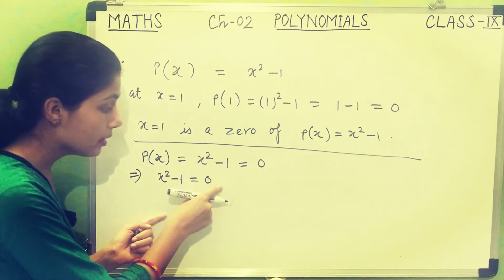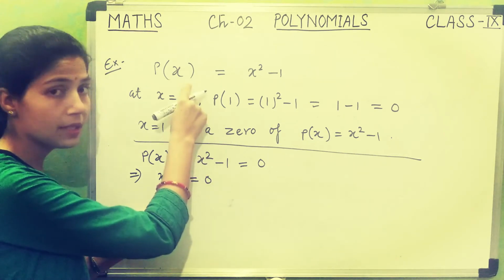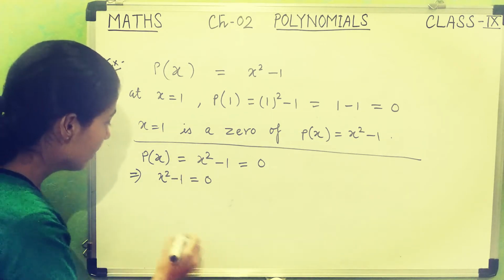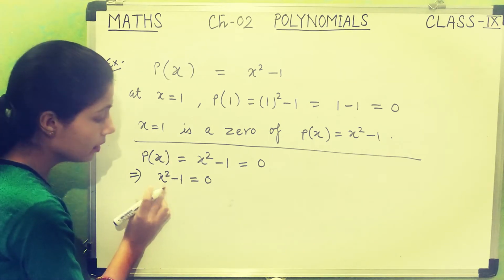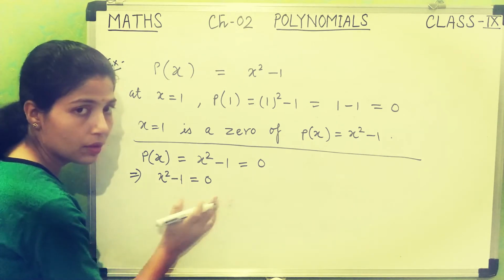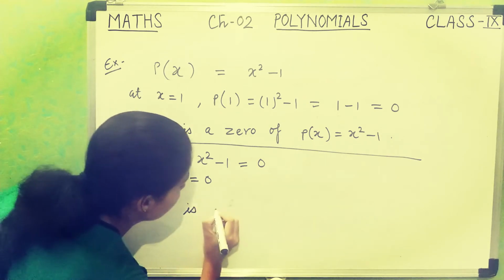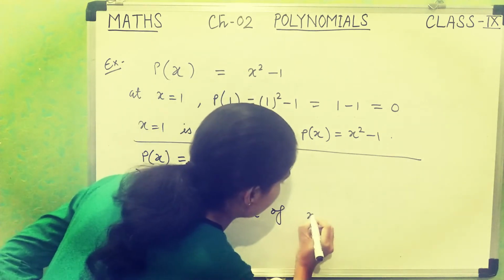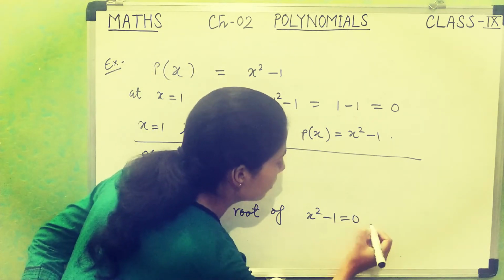Because it is an equation, the same zero from the polynomial is called its root. If we put x equals 1, the whole becomes 0, so it satisfies both sides. So x equals 1 is a root of x square minus 1 equals 0.